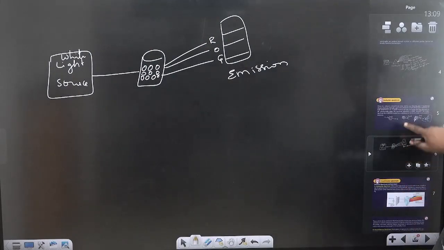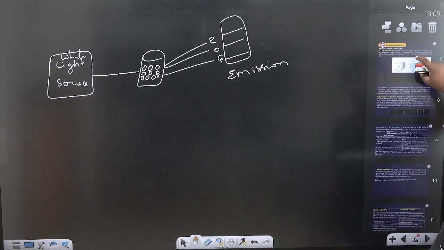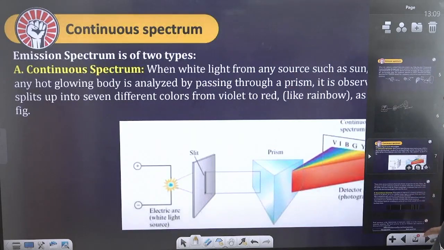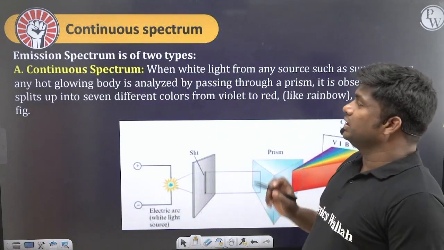See, emission spectrum is of two types. One is continuous spectrum, another one is discontinuous spectrum.